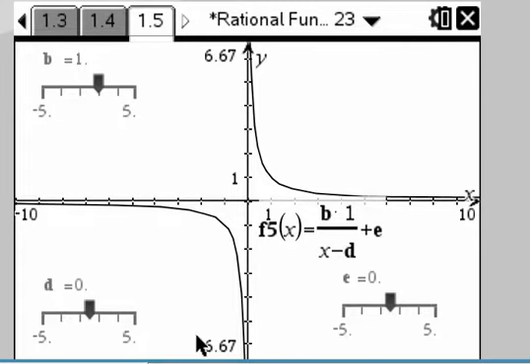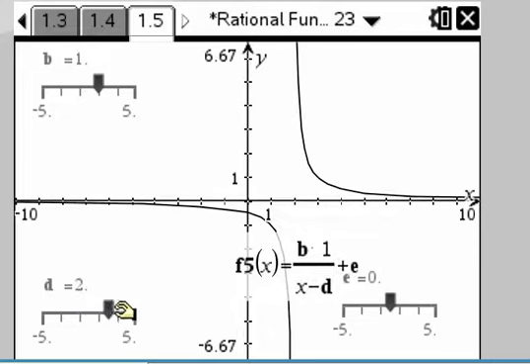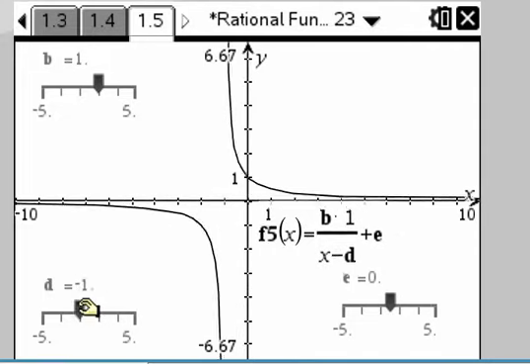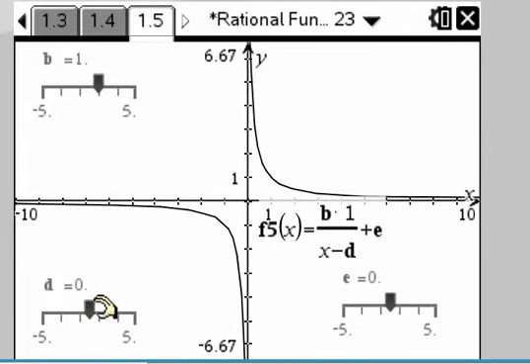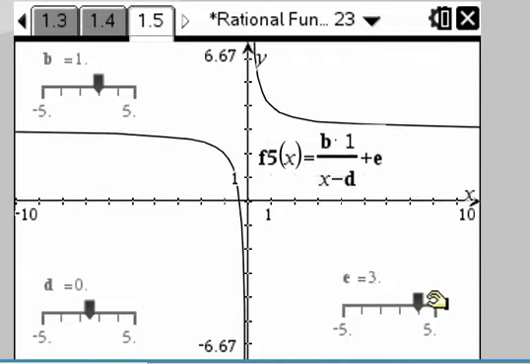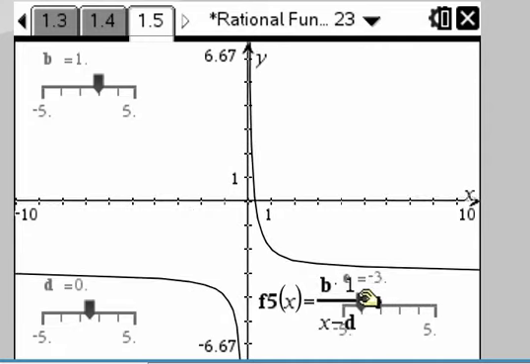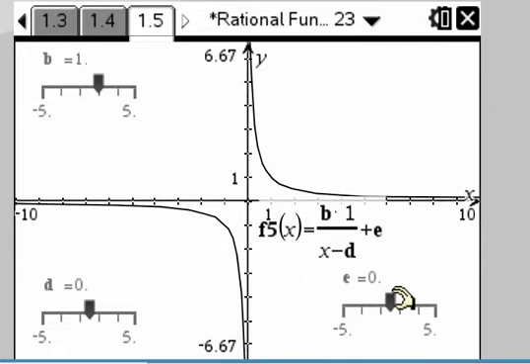If I move d, x minus d, it has the same effect: it moves it right and left. If I add e outside the rational expression, it goes up and down.